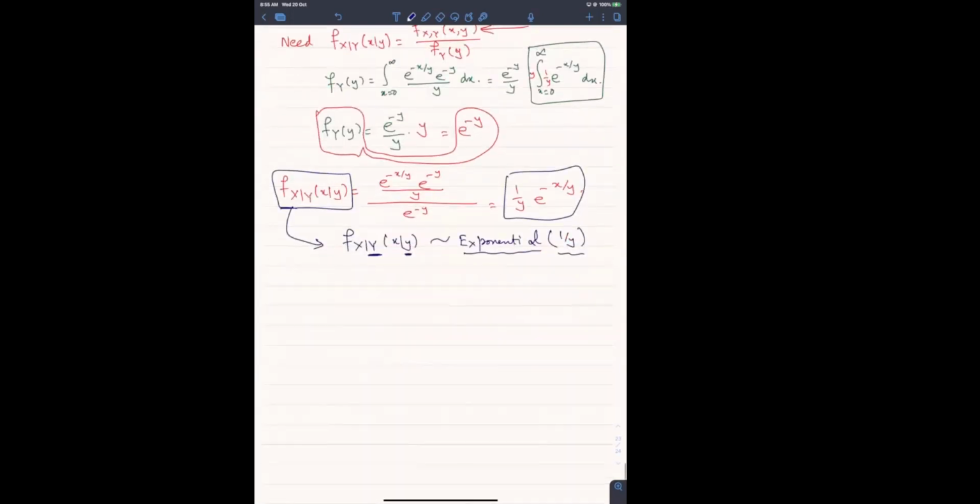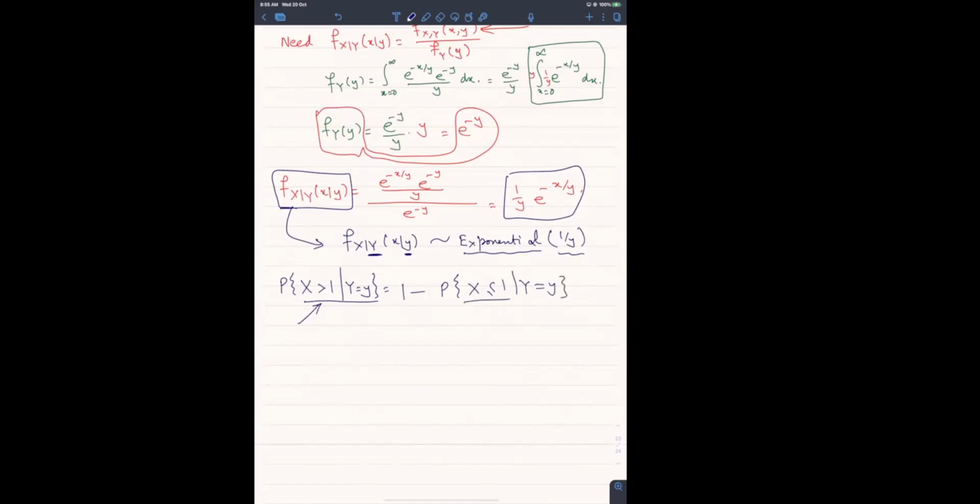So now you can answer this probability question. Probability x is greater than 1 given that y is equal to y. I know, okay, given y is equal to y, x is an exponential random variable with parameter lambda. And I am being asked, okay, what is x greater than 1? Which should be equal to 1 minus probability x less than or equal to 1 given y is equal to y.